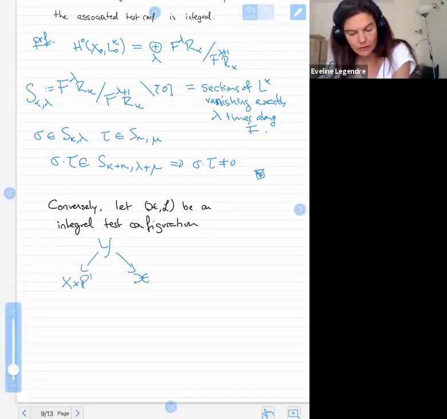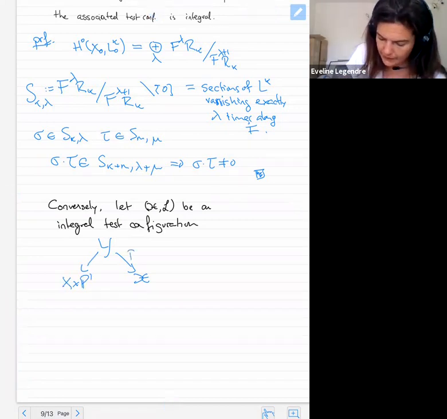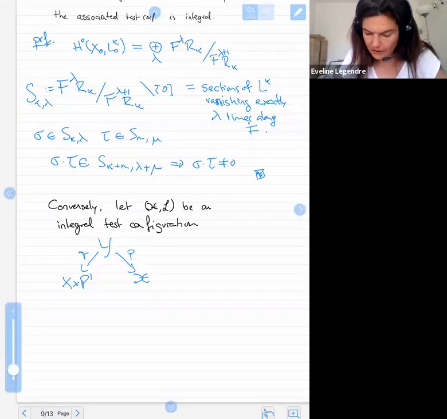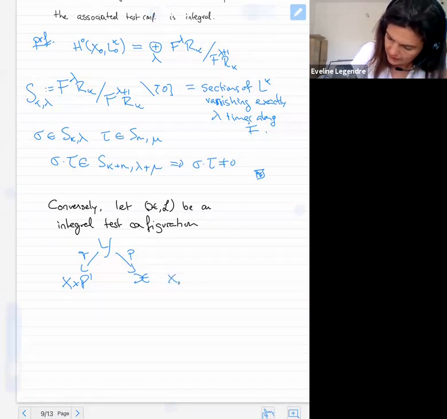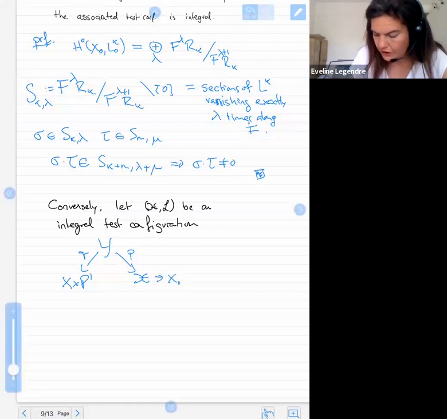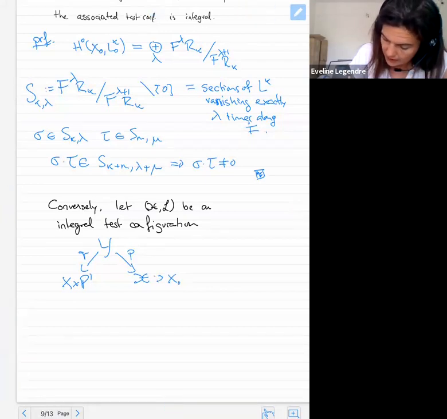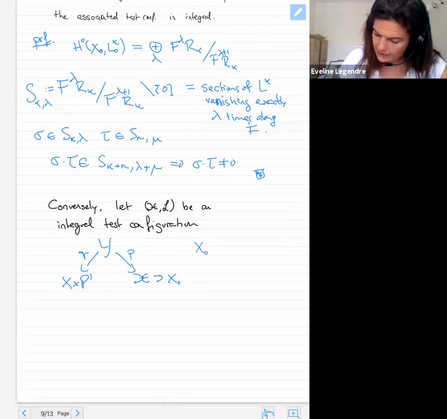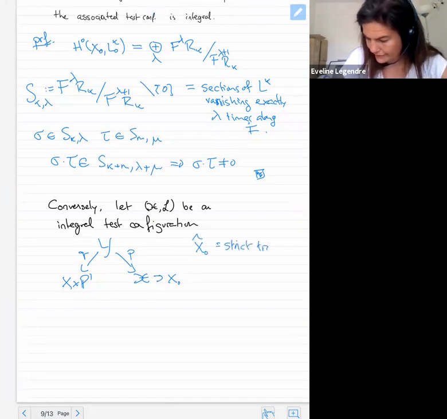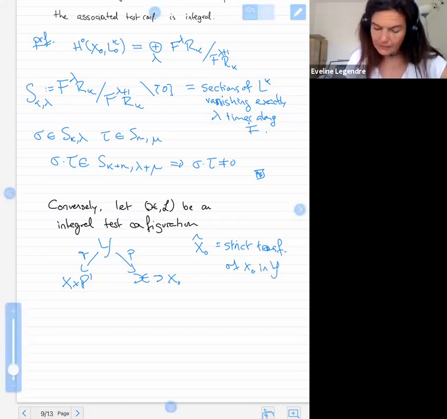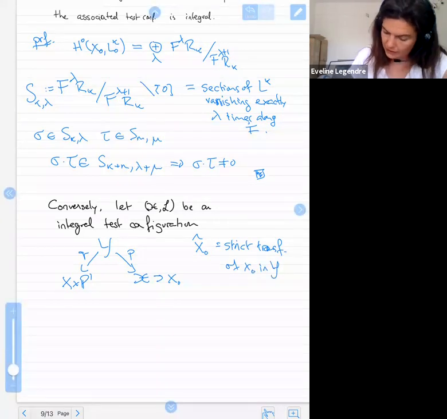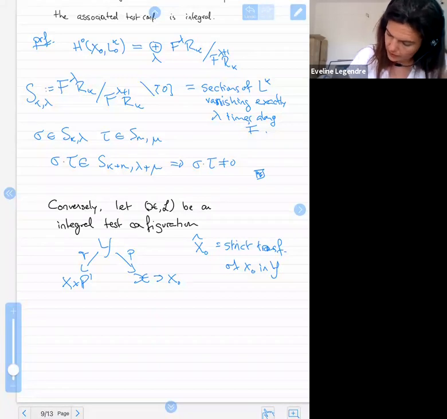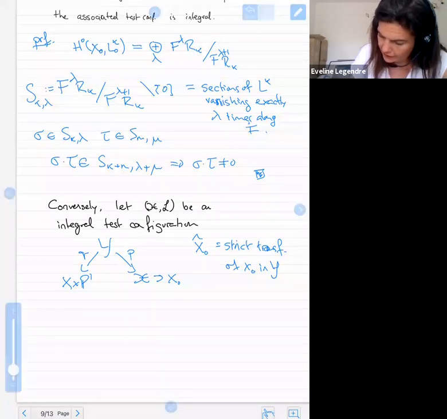So we take a resolution Y, with maps p and q, and then, if X_0 is the central fiber in our integral test configuration, we can take X_0' the strict transform of X_0 in Y.